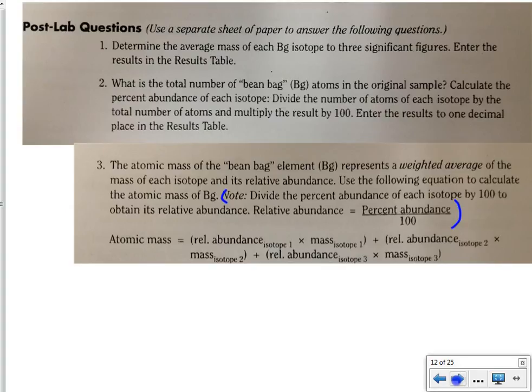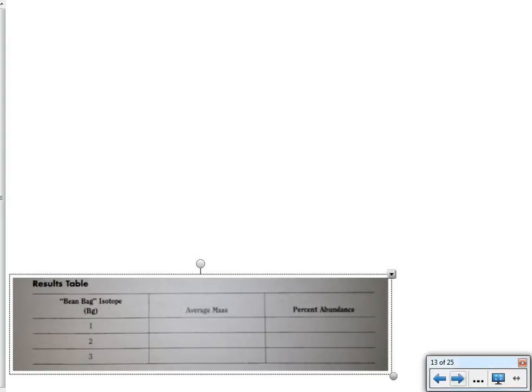So to find the atomic mass, we'll take the relative abundance from isotope 1 and multiply it by the mass of isotope 1. And we'll add that to the relative abundance of isotope 2 times the mass of isotope 2, and we'll add that to the relative abundance of isotope 3 times the mass of isotope number 3. So let's take a look and see how you would do that particular problem.